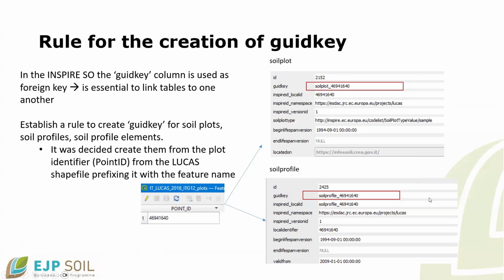I spoke about rules for the creation of some properties, and here is a rule that we will apply for the creation of an attribute of the INSPIRE-SOIL Geopackage, that is the UID key. In the INSPIRE-SOIL Geopackage, the UID key column is used as foreign key. So it is essential to link tables to one another.